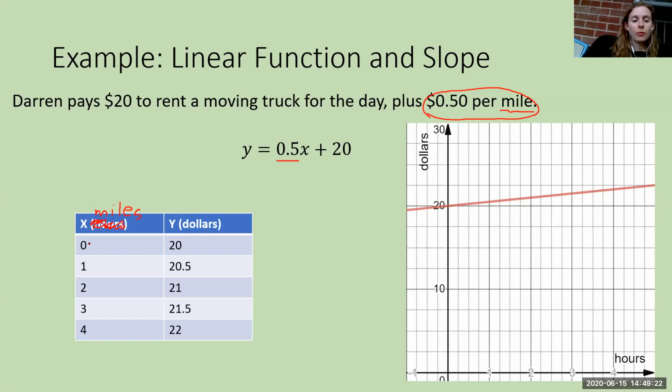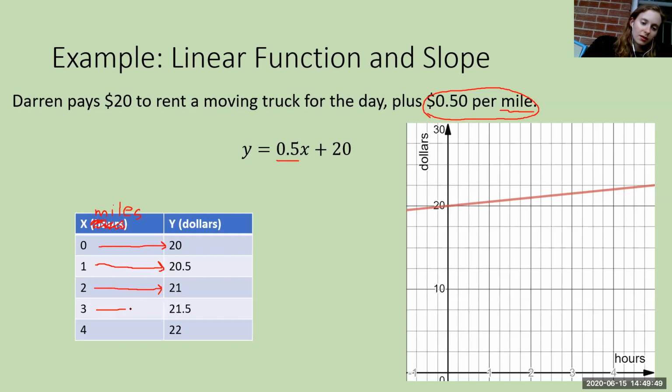So if we drive 0 miles, we're still going to have to pay $20 because it's $20 to rent the truck for the day, right? So even if we drive 0 miles, we're still paying $20. If I drive 1 mile, that's going to add 50 cents onto my bill, so it'll be $20.50. If I drive 2 miles, that'll be another 50 cents, so now I'm up to $21.